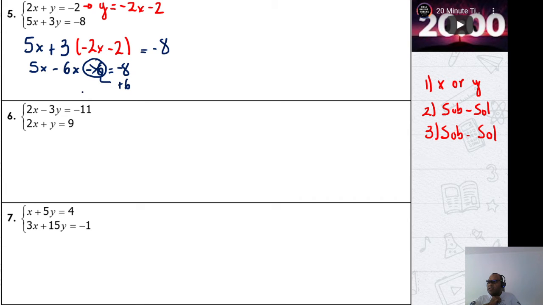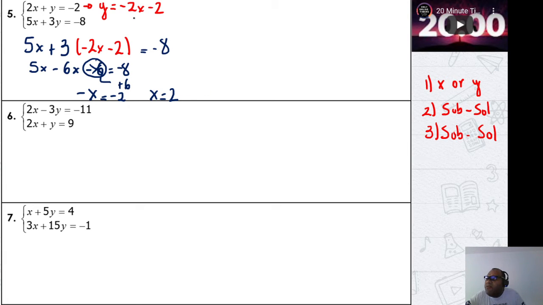Here it is negative x equals negative 8 plus 6, negative 2. But I want a positive x, the opposite of negative x. If I want the opposite for negative x, I want the opposite for negative 2. I want x equals 2. I have the value. Nice.